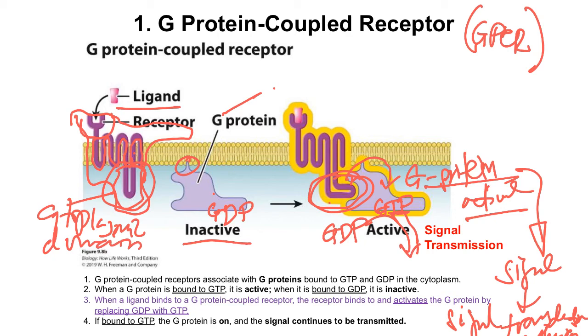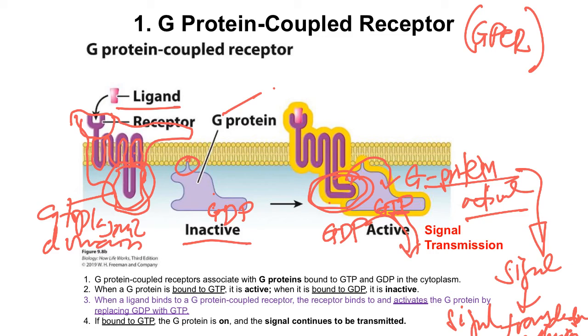The activated ligand receptor interacts with the inactive G protein that is bound with GDP, as a result of a conformational change in the cytoplasmic domain, and by their interaction causes a conformational change in the G protein, which then causes the G protein to exchange its GDP for GTP, allowing it to become active in transmitting a signal to a specific signal transduction pathway, which then generates a specific response.